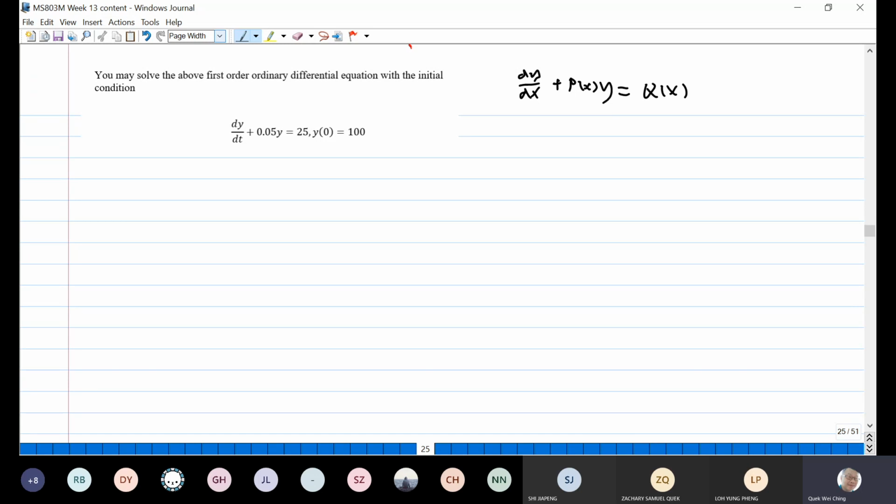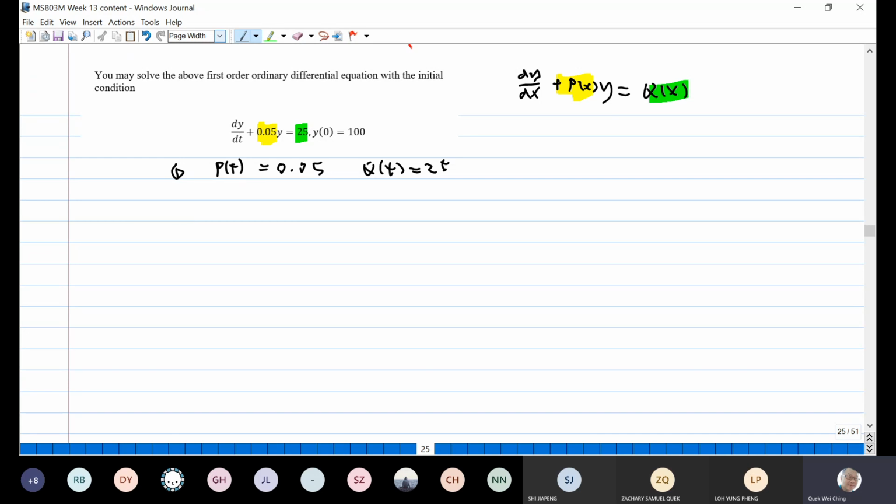So you can say p(t) equals 0.05, q(t) is 25. Here p is this one, and q is this one. So this is the first step, the standard equation.